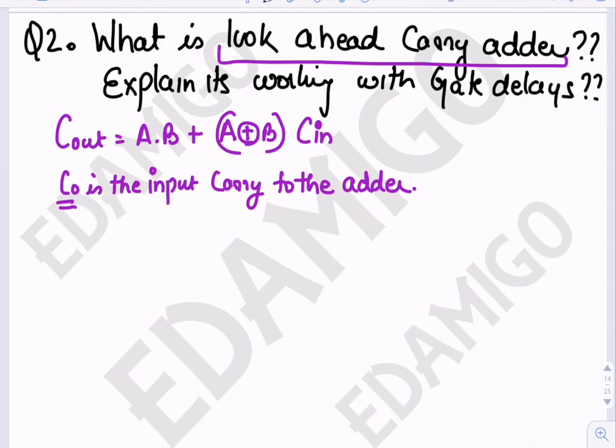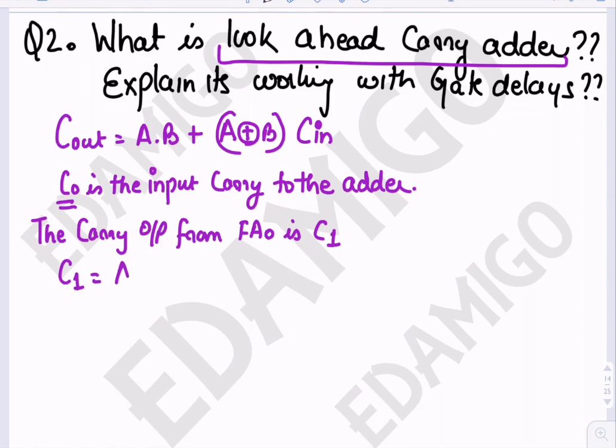So we can say that the carry output from the full adder 0 is C1. So C1 is equal to A0 B0 plus A0 XOR B0 into C0.